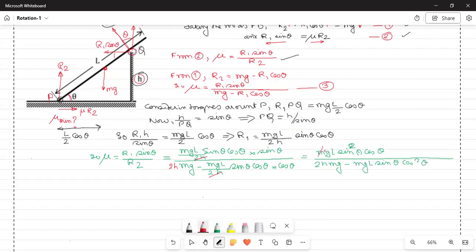Here we find mg gets cancelled everywhere. So the result becomes L sine square theta cos theta, whole divided by 2H minus L sine theta cos square theta.